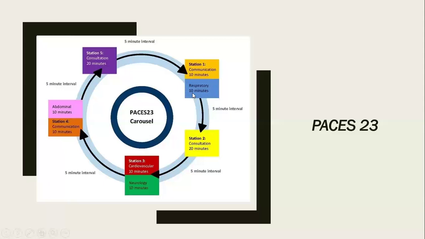Now, on the respiratory station, they will give you a command to examine the respiratory system of this patient. Usually, there is no scenario, but they can give you a clue. For example, they can say that this patient is having a complaint of shortness of breath, or of cough. Please examine the respiratory system.